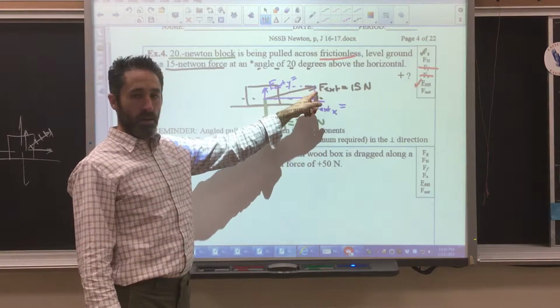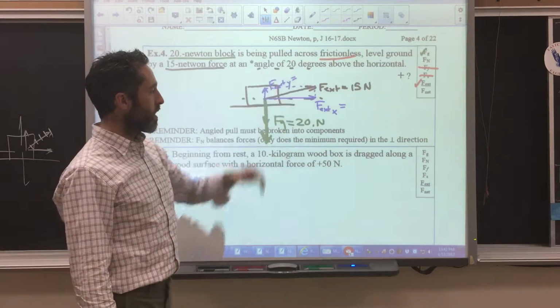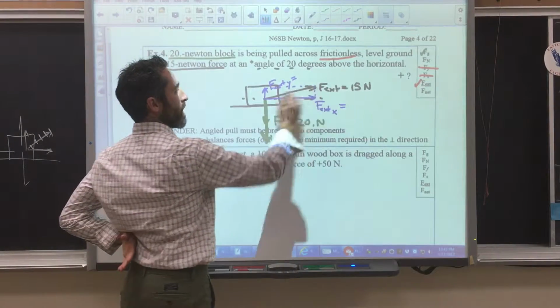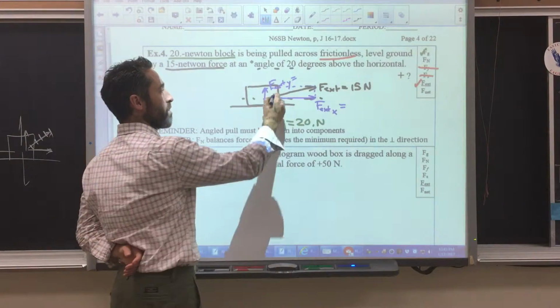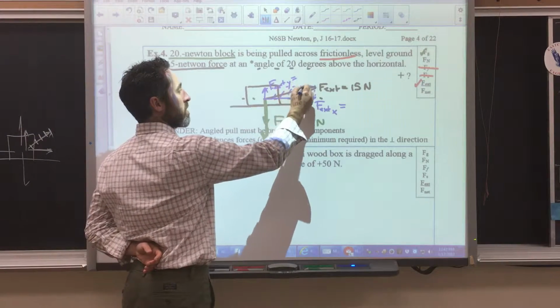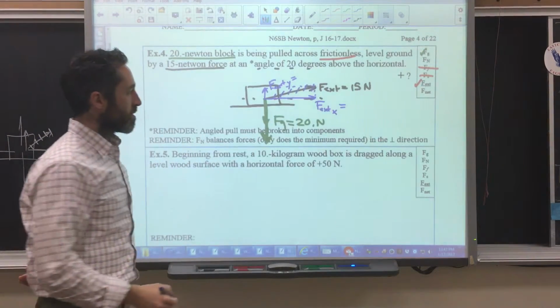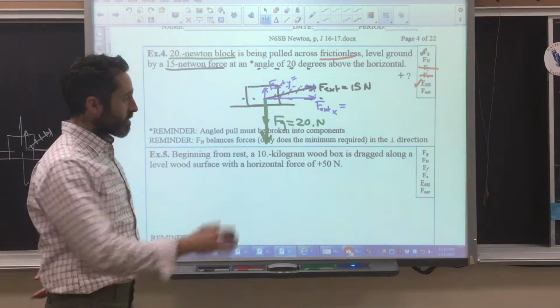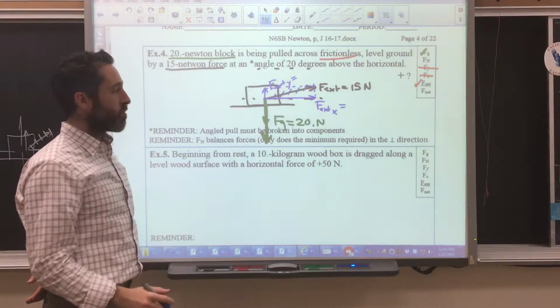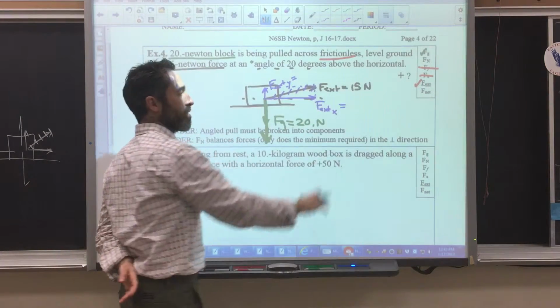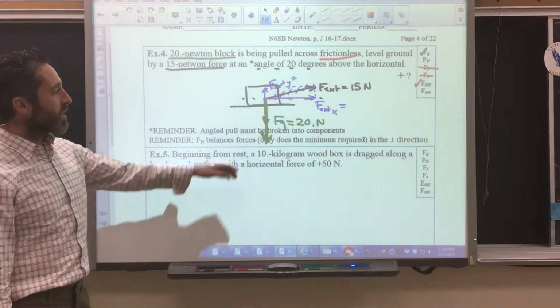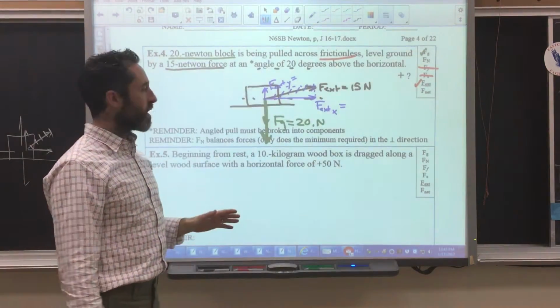You could draw it over here, but just be careful, you may lose track of it. Since we are replacing the 15 Newton diagonal with its components, I highly recommend you hash out that resultant. You're not going to use that anymore. Yes, it's still there, which is why we're not scribbling it away. We still need to know in our brains, in case anyone asks, the resultant external force is 15 newtons, but we're not actually going to use that to figure out the rest of the diagram.